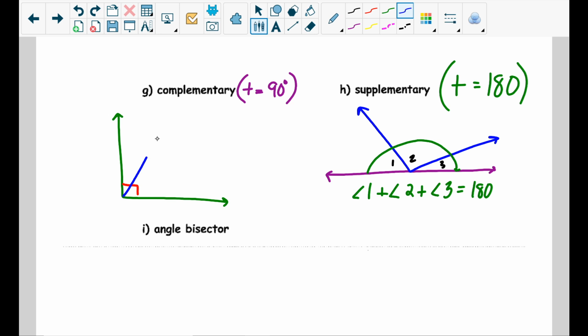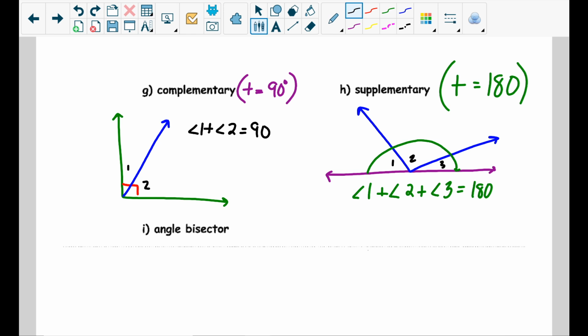And I have another angle here. So let's say this is angle 1 and angle 2 again. I know because of this red box that the green angle is 90 degrees. So angle 1 plus angle 2 would have to equal 90 degrees. So complementary adds up to equal 90.